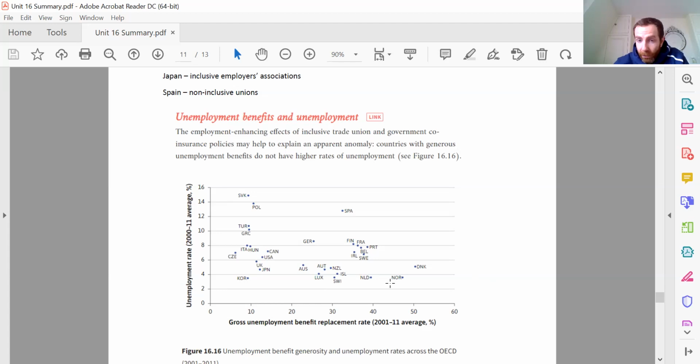And that's why you see the Nordic countries, Denmark, Norway, Sweden, and the Netherlands to an extent, which has adopted some of these models, over here with quite generous unemployment benefit and low unemployment rates. So that's potentially surprising, but you've got to take into account that inclusive trade unions and government policies to help protect workers are going to mitigate against the unemployment benefit causing workers to not want to work.